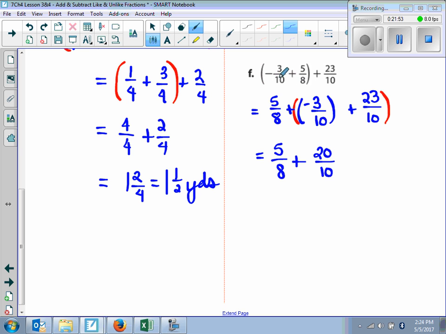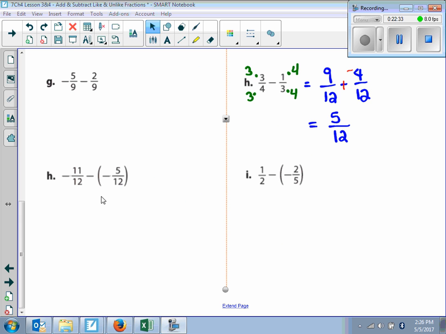So the first thing I did was I flipped these two with the commutative property. Then I moved the parentheses from the first two to the second two using the associative property of addition. So now I end up with 5 eighths plus 20 tenths. Now when I simplify this more, 20 tenths is equal to 2. So when I add those together, I get 2 and 5 eighths. Much better.